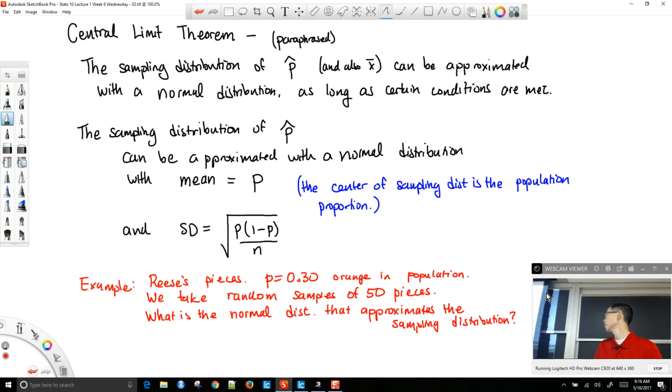So again, we're just trying to approximate the sampling distribution. The exact sampling distribution is a little bit complicated, but we're saying, hey, we can approximate it with a normal distribution, okay?